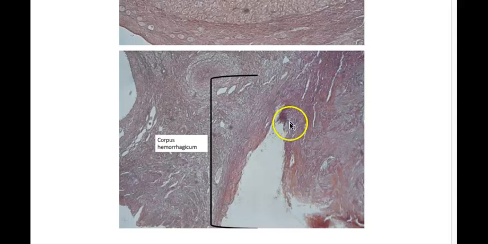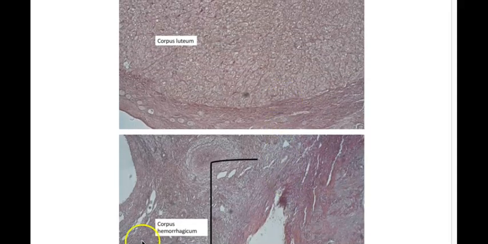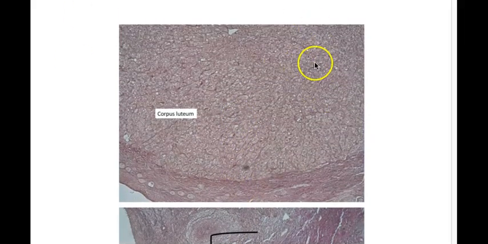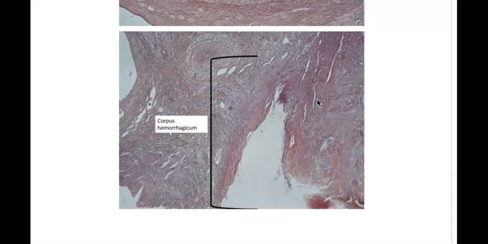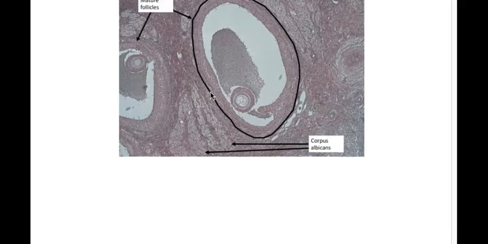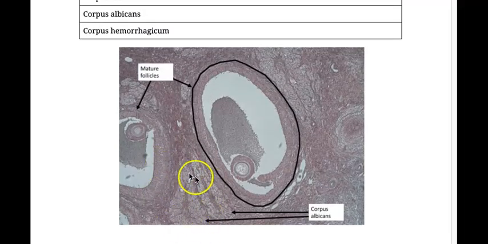Maybe I should put this in reverse order. So right after ovulation, these are those follicular cells. Those granulosa and theca cells remain. Kind of looks like this. This will heal and form this corpus hemorrhagicum, or this sort of bleeding area, what's left after an ovulation, and becomes this corpus luteum. And then if there is no fertilized egg to implant, after a period of time, the corpus luteum will degrade into these corpus albicans.